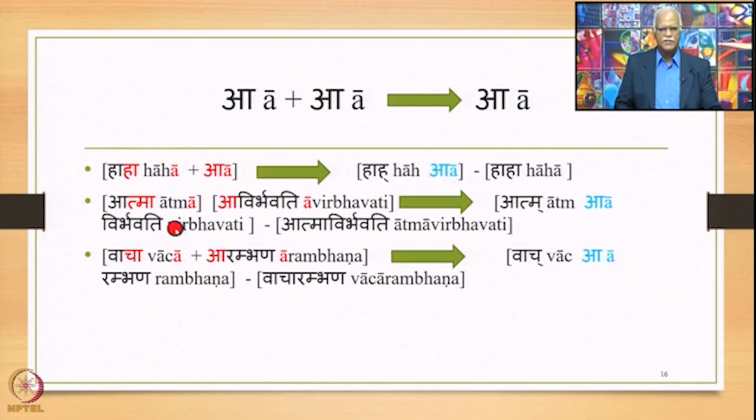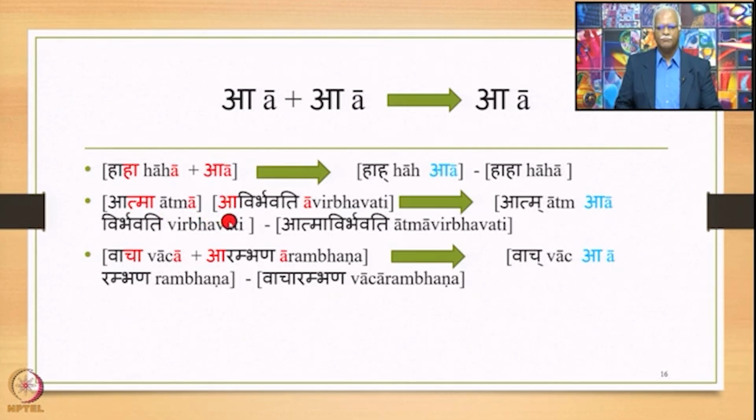Now let us look at the sandhi which happens between two padas. So Atma plus Avirbhavati. These are the two padas. Here we have A at the end and here we have A at the beginning. There is Samhita mode, and this Samhita mode is vivakshita by the speaker, desired to be spoken by the speaker. Since the Samhita mode is on, we have A plus A in close proximity.